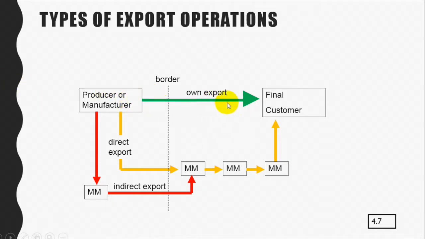Here you see that we are not using any middlemen at all. No intermediaries here. The company is taking care of exports on its own towards the final customer. So keep this picture in mind, because we will now go through the three different forms one by one, based on this picture.